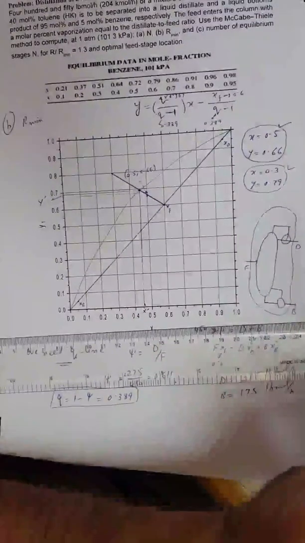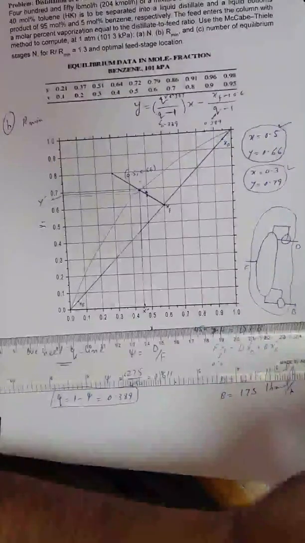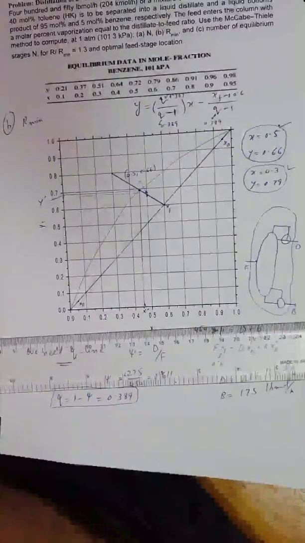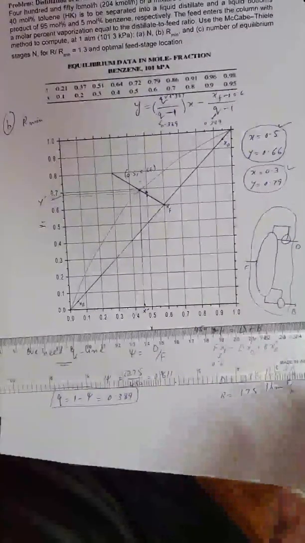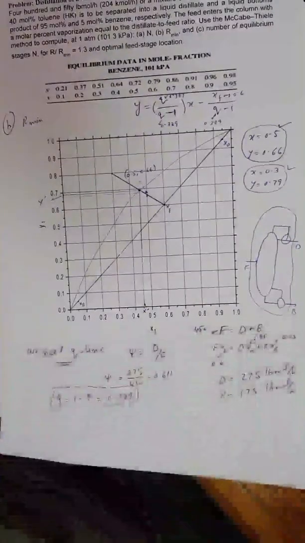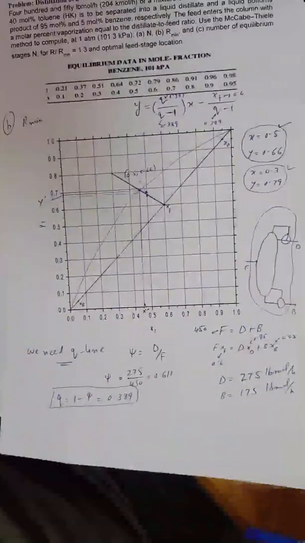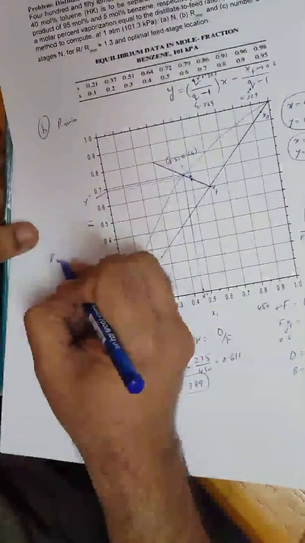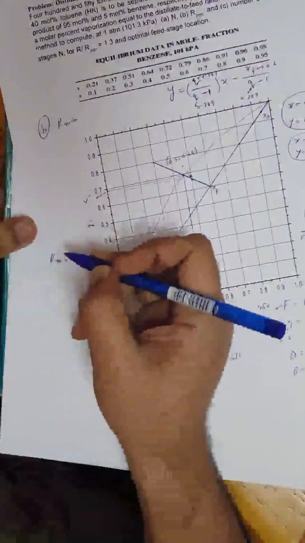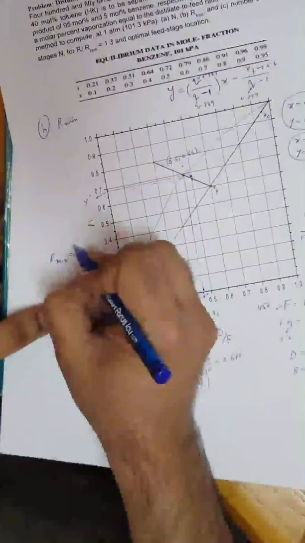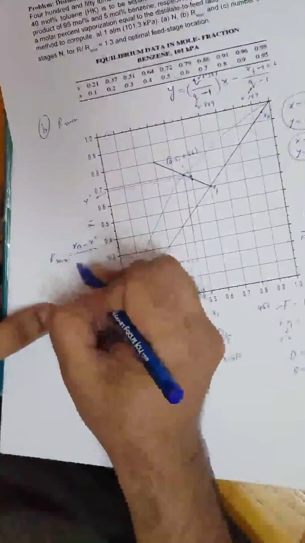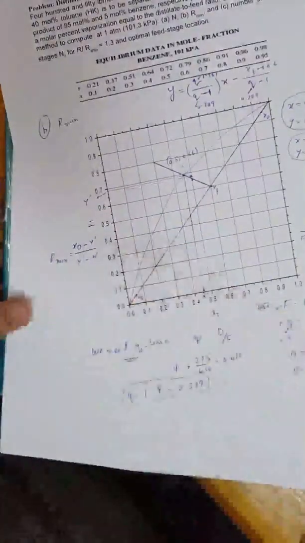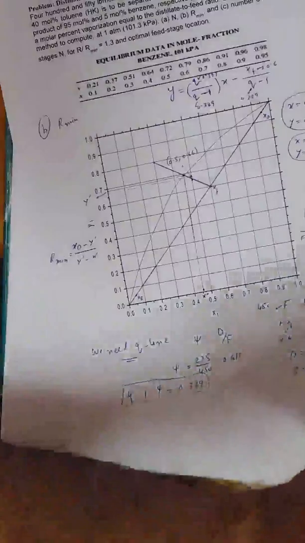Once you know these, we can apply the equation: R minimum equals xd minus y prime over y prime minus x prime.